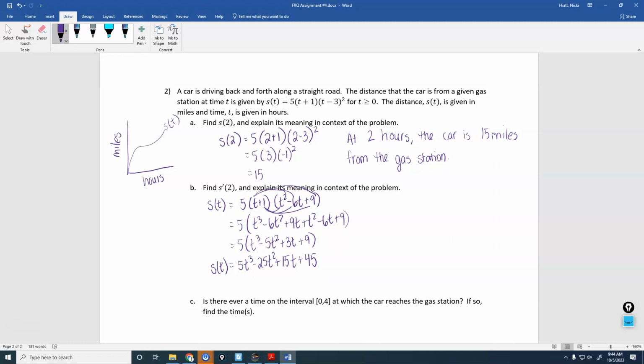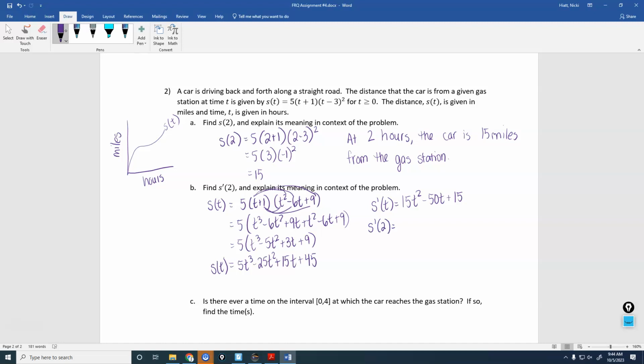Okay, so if you do it this way, you got more work up front, but then the derivative is very simple to take. So S prime of t, make sure you label it S prime of t, is going to be 15t squared minus 50t plus 15. And this question asks us about S prime of 2. So we would then need to plug in 2. Make sure you label that. Don't go to just plugging in 2. Label it S prime of 2.